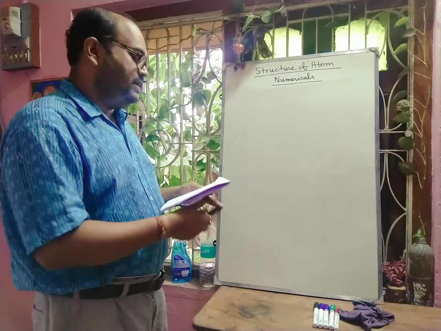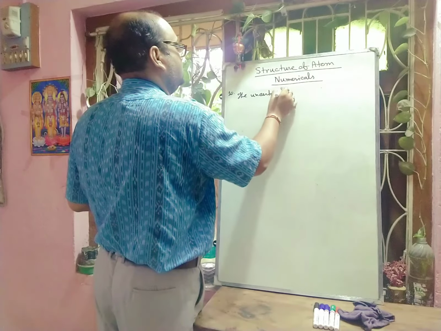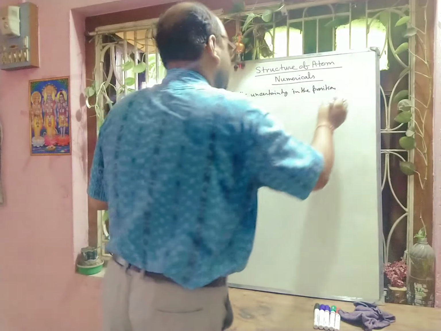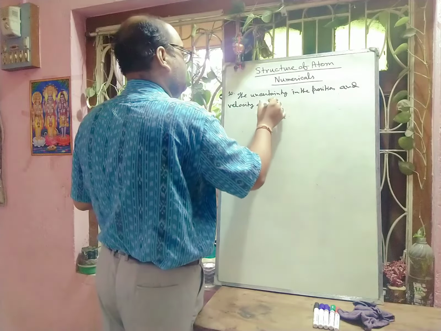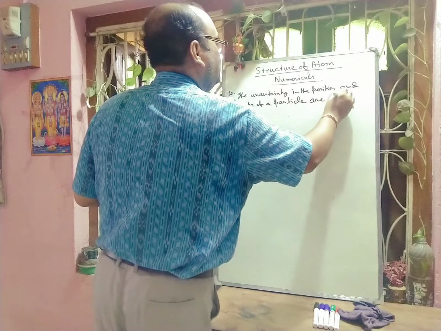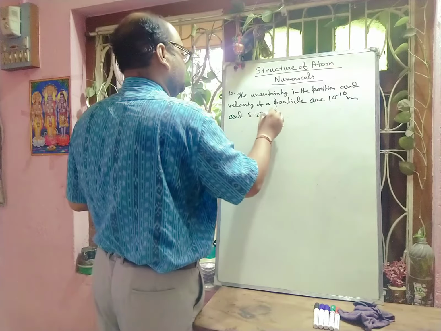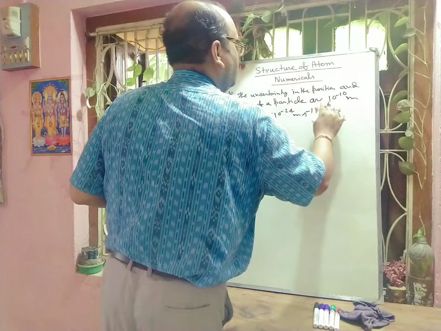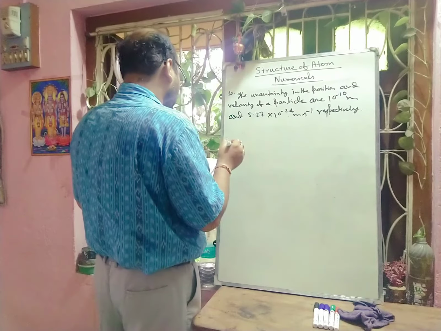Here the first question is problem number 10. The uncertainty in the position and velocity of a particle are 10 to the power minus 10 meter and 5.27 into 10 to the power minus 24 meter per second respectively.